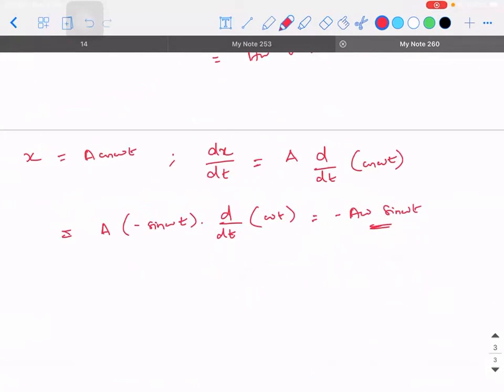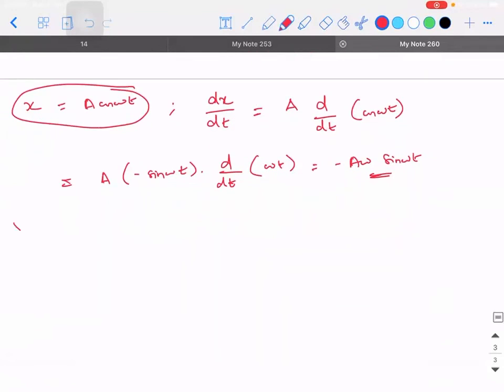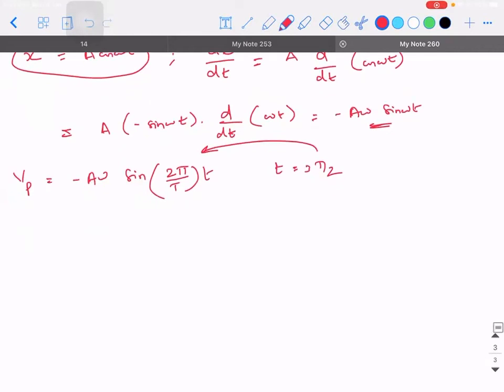For example, had the question been x is equal to A cos omega t, find the velocity of the particle at 3T by 2, then what will your answer be? Velocity of the particle is minus A omega into sin of, in the place of omega, I should write it as 2 pi by T, into t. So at t equal to 3T by 2, I substitute it here. What will I get?